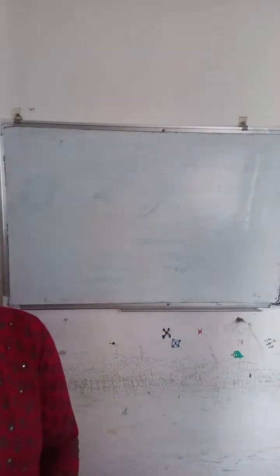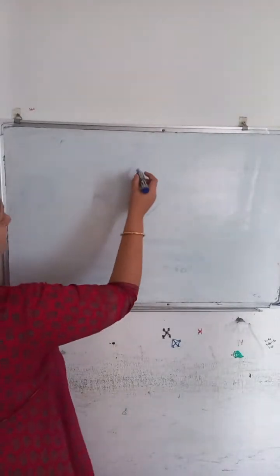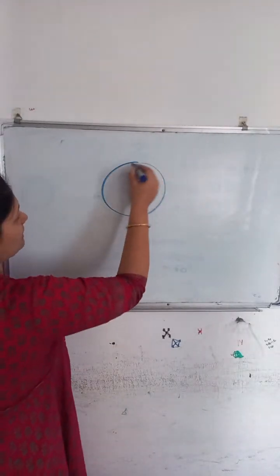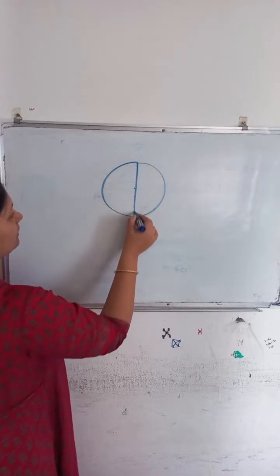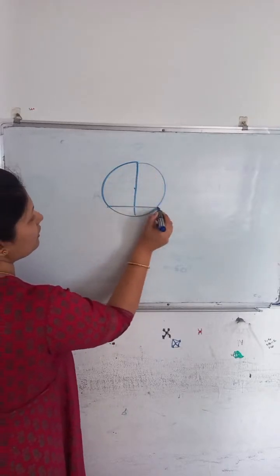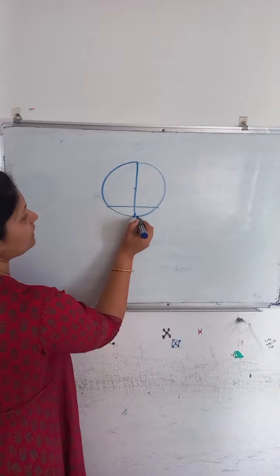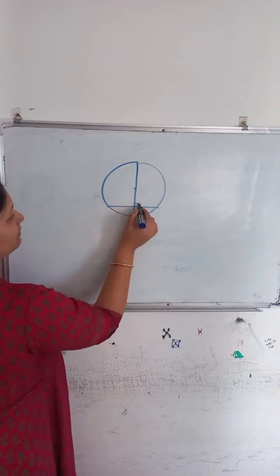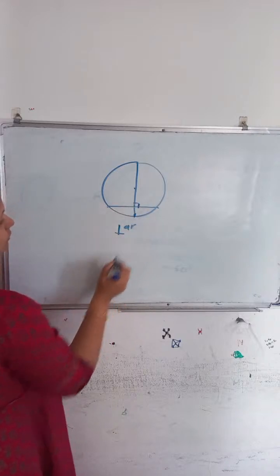They are saying one line is there which is passing through the center of the circle, and suppose here any chord is there, it divides it into two equal parts. That means it is perpendicular to that chord.